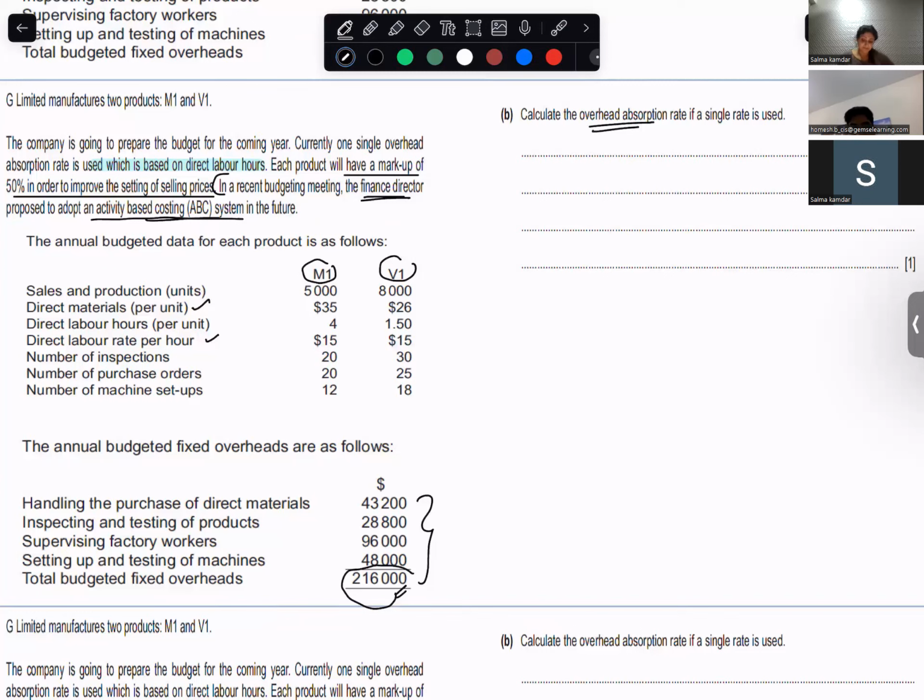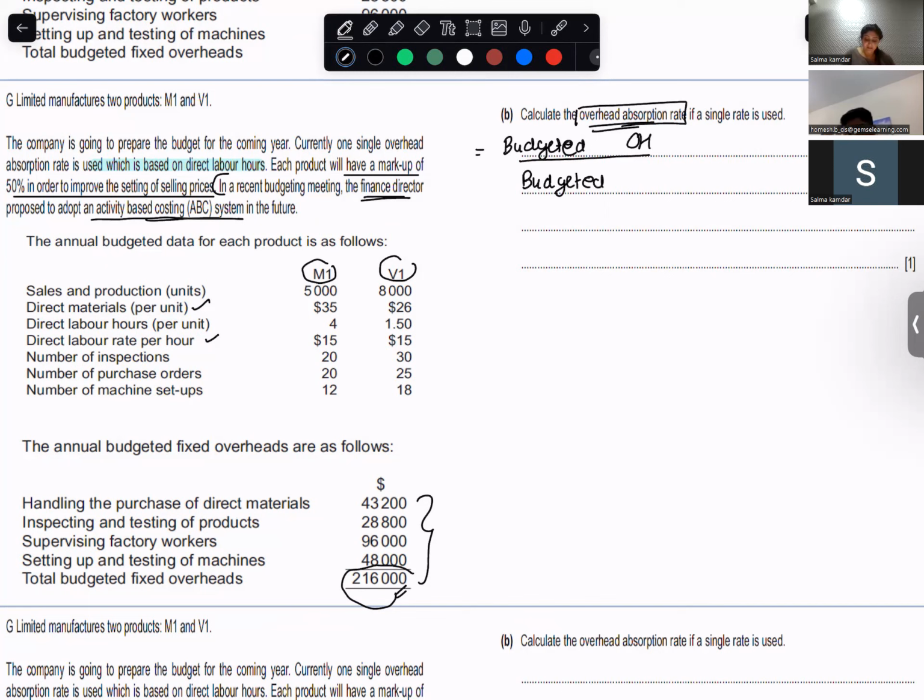Miss, you can calculate the overhead absorption rate based on the labor hours. So what is the formula for calculating the OAR? Miss, to calculate the OAR, it is budgeted overheads over budgeted activity level.